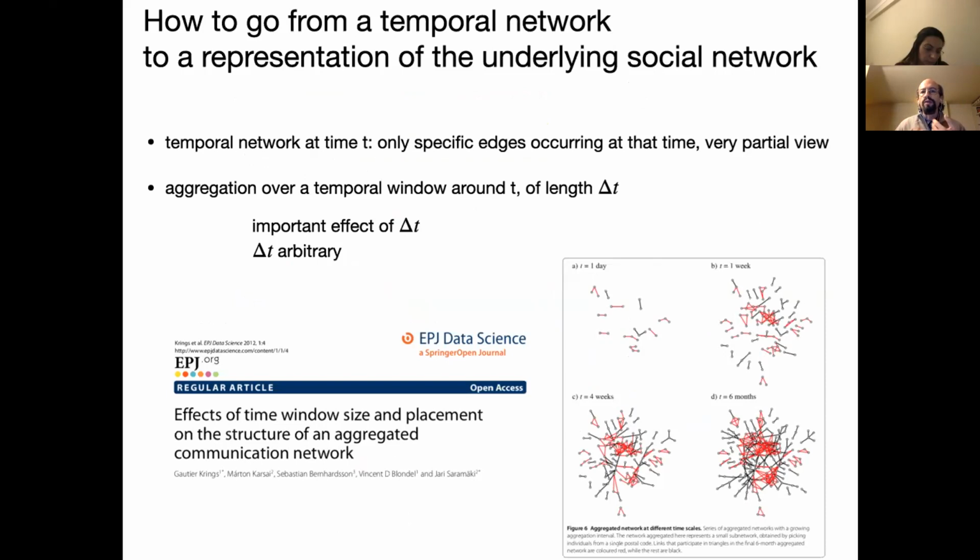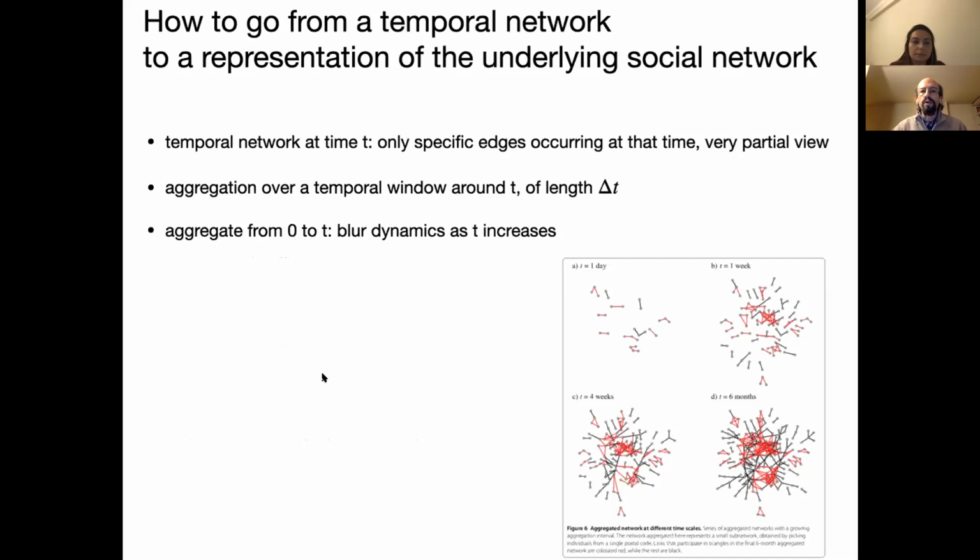On the other hand, what is usually done is to aggregate with a certain temporal time window around each instant, but then we have an important effect of the length of the time window, which is typically arbitrary. This is well known. I mean, that's a very nice paper from already 7 years ago about that. And also you have the same thing.